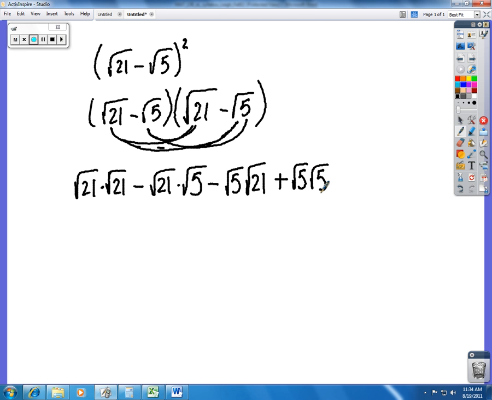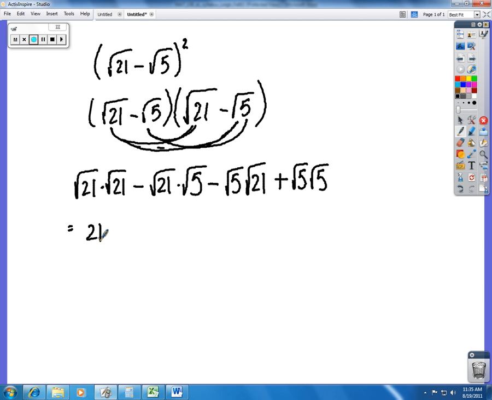Okay, so now when it comes to condensing these down, you can either write this out or just remember that when you have two square roots of the same number multiplied by each other, that simply equals that number without the square root. The reason for that is, if you remember, we're kind of working backwards from what we were doing in 8.4.